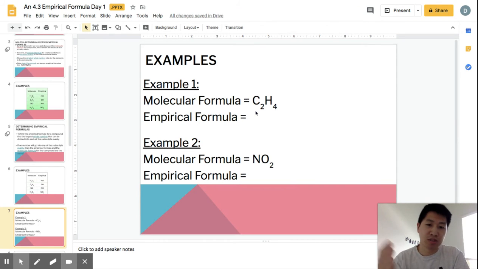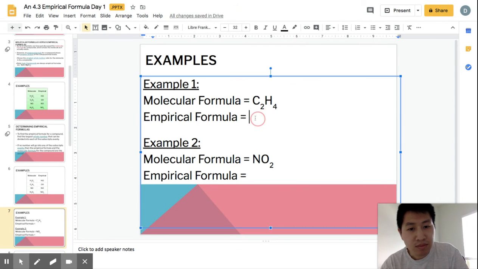Now let's look at the first example. C2H4, what number goes into both? I said it earlier that you would divide both numbers. What number goes into both 2 and 4? It would be 2. So then your actual answer would be C, H, and 2.